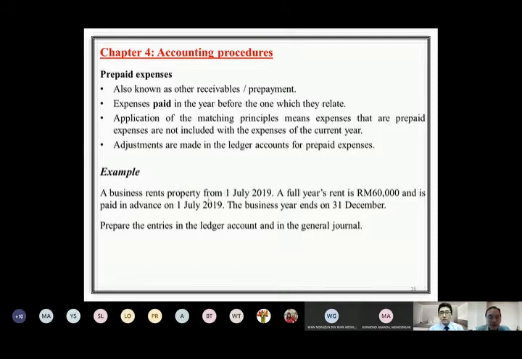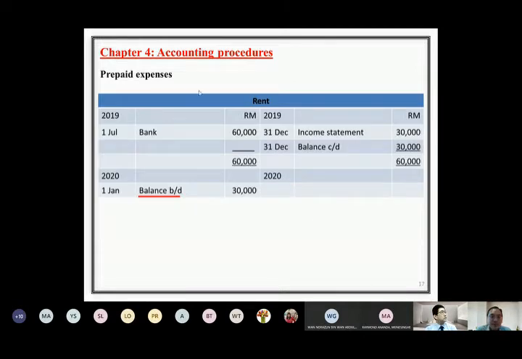Other than past year questions, I will go through examples to illustrate the concepts and then apply the concepts. Normally the questions ask you to prepare entries in the ledger account and also in the general ledger. So I'll come up with this T account based on the exam format.